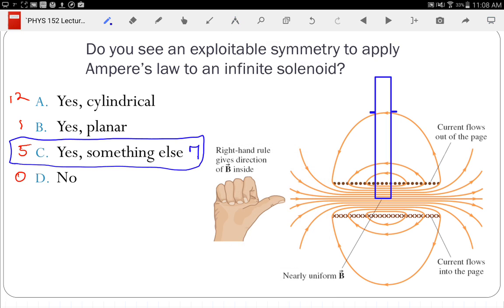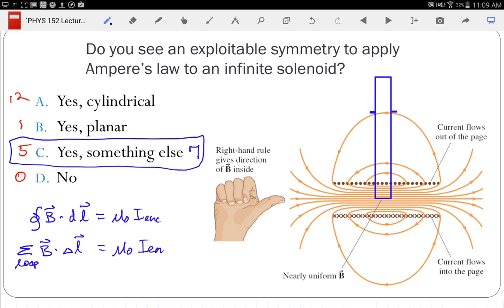Why is that important? Because Ampere's law was that circulation thing, which is the sum, for non-calculus, that's the sum on a loop of B dot delta L, the length of each side, is equal to mu naught times the I enclosed.